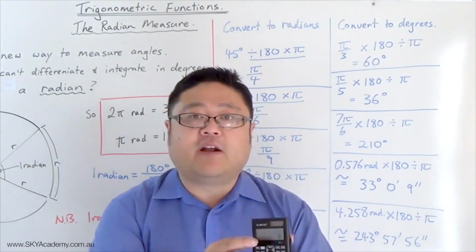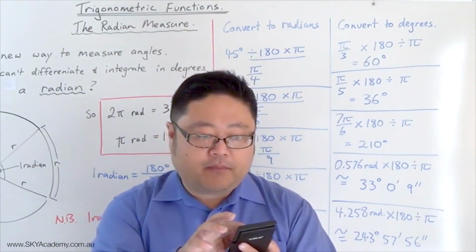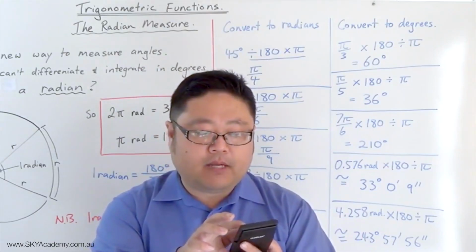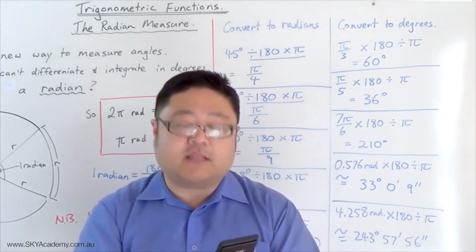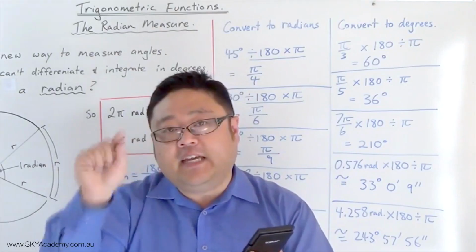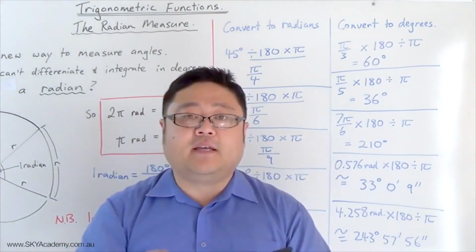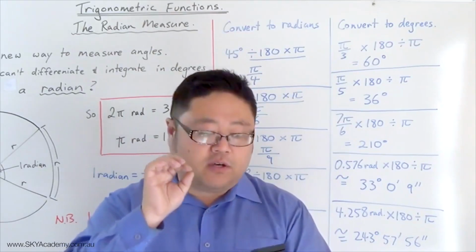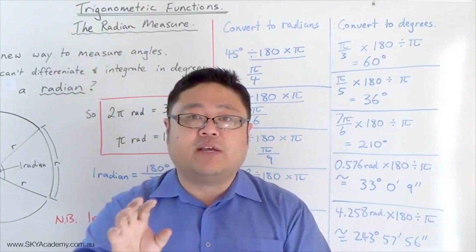So if this is your calculator screen, you should have a little black box, a really tiny one that you just see at the top of your screen, and that has a D in it. If your screen has a D in it, it means that your calculator is working with angles in terms of degrees.